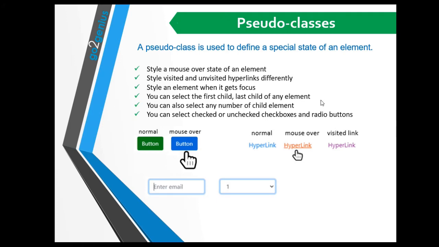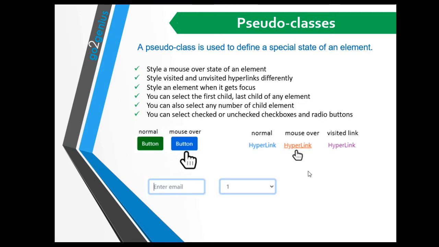This means if one element has multiple elements, then you can select any number of elements inside that element, maybe the third, second and fourth element, whatever you want, by using pseudo classes. You can select checked or unchecked checkboxes and radio buttons.